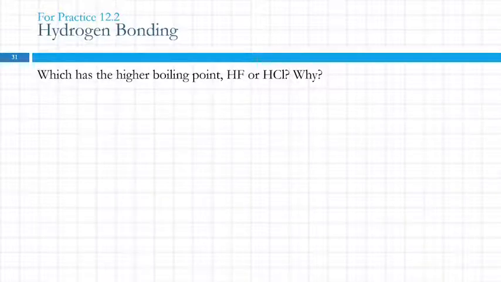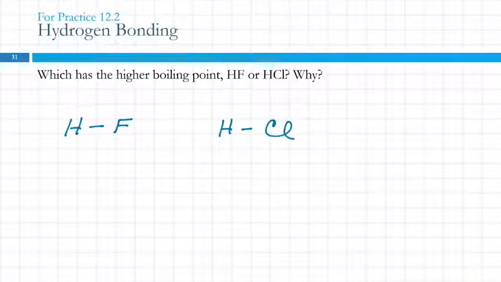So here's a question we should be able to answer. Which has the higher boiling point, HF or HCl, and why? So if we're looking for higher boiling point, we're looking for stronger intermolecular forces. And so we look at these two molecules.